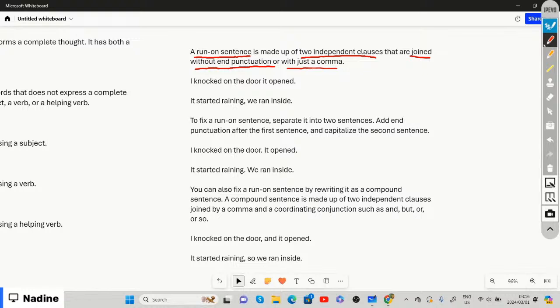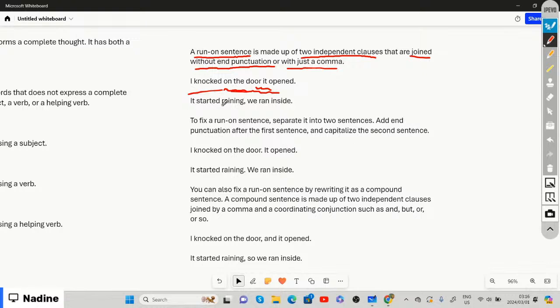And an example of a run-on sentence: I knocked on the door it opened, which means that over here it doesn't even have any end punctuation. It doesn't even have a comma, right? But this is basically two independent clauses that can stand on their own, but they're joined without an end punctuation at all.